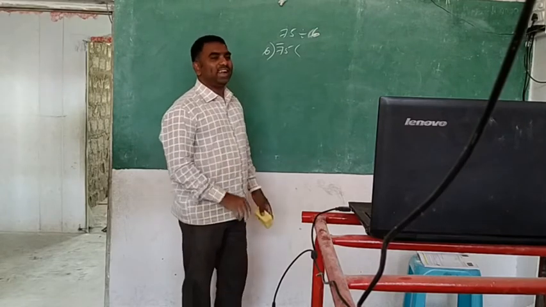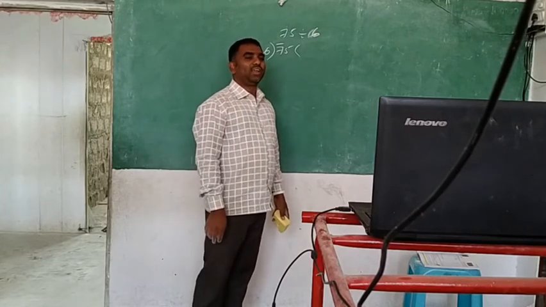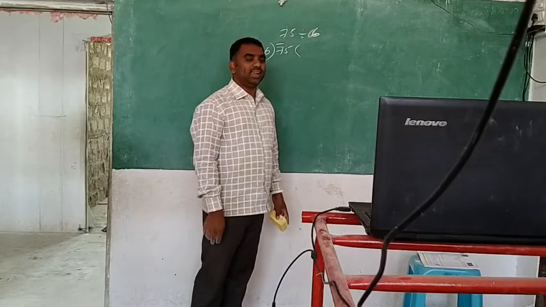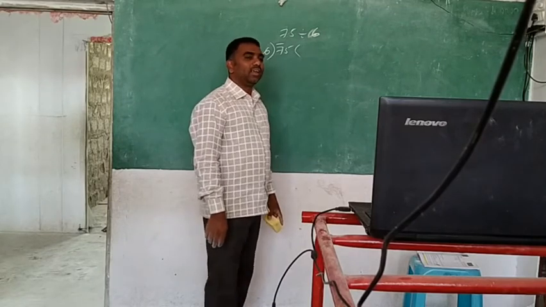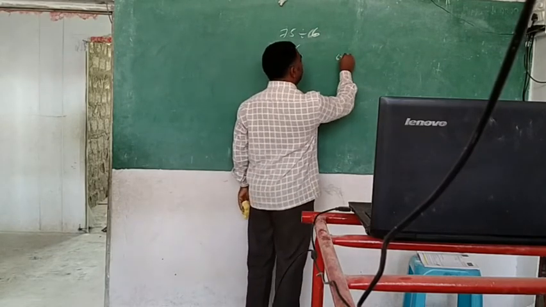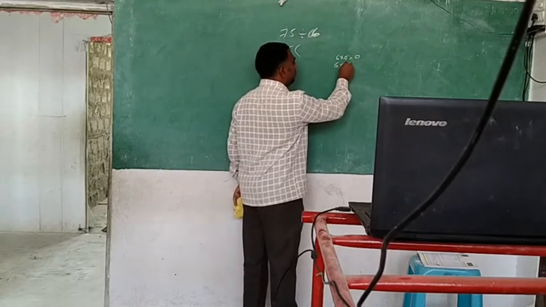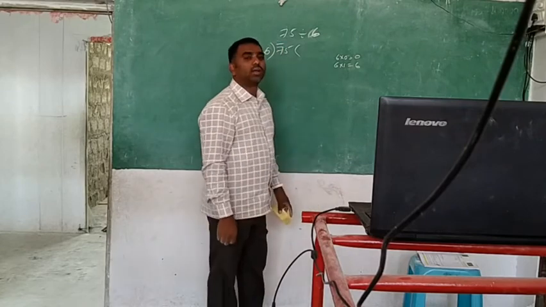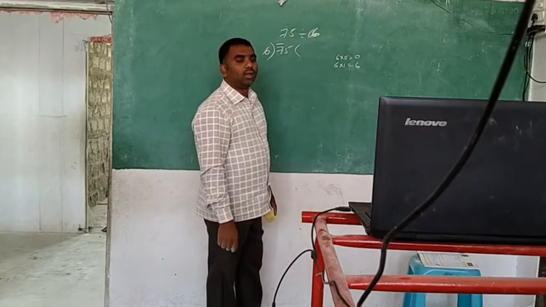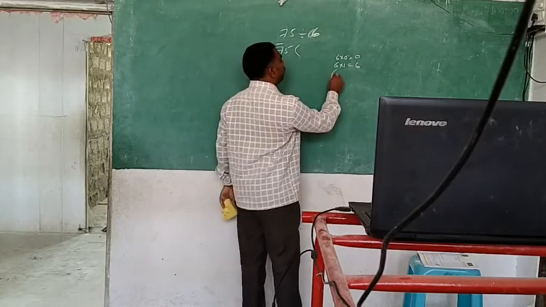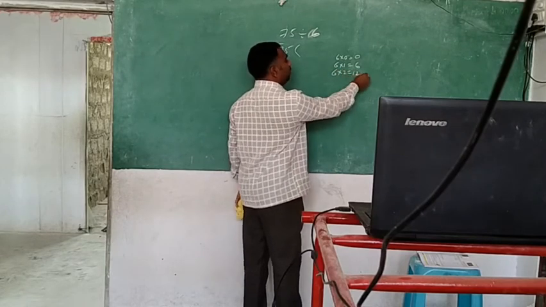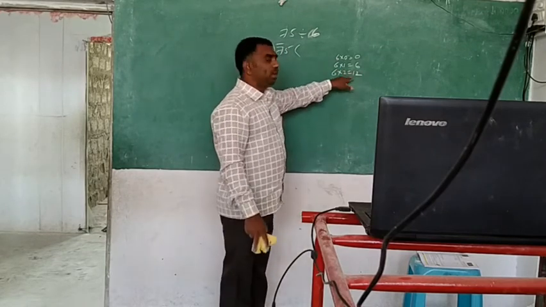6 ones are 6, is it not less? 6 zeros are 0, 0 is less. 6 ones are 6, also less. 6 twos are 12, is more.